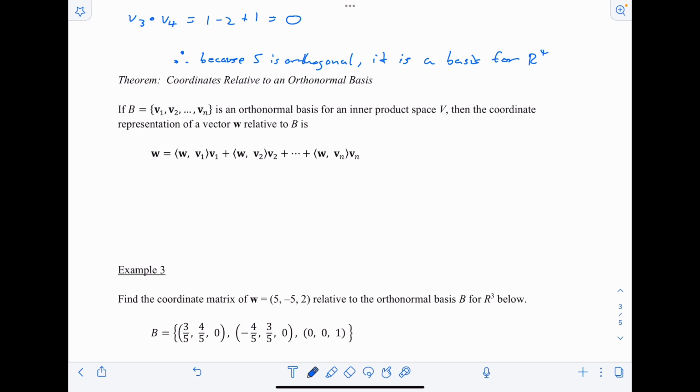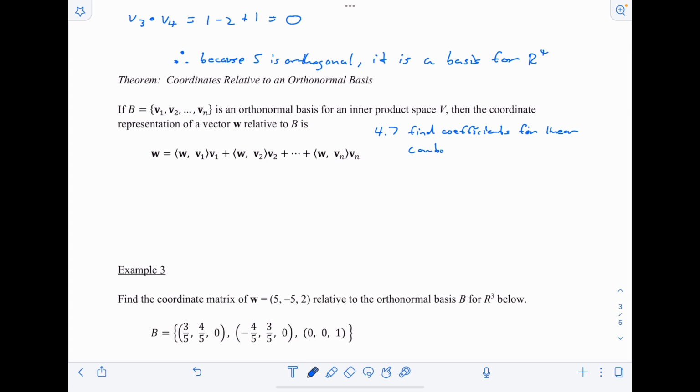Okay, so back in 4.7, if you wanted to refer back to that to remind yourself of what we did here, we found coefficients for linear combos.